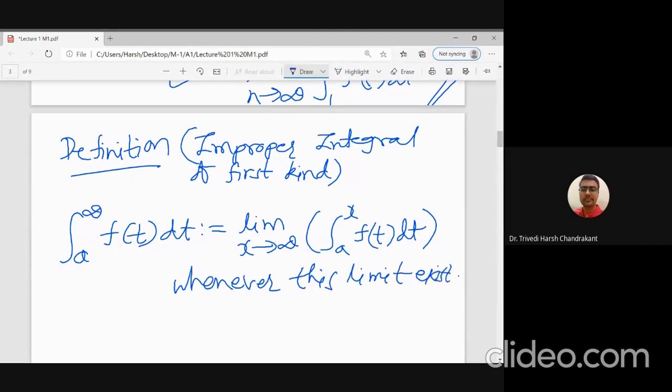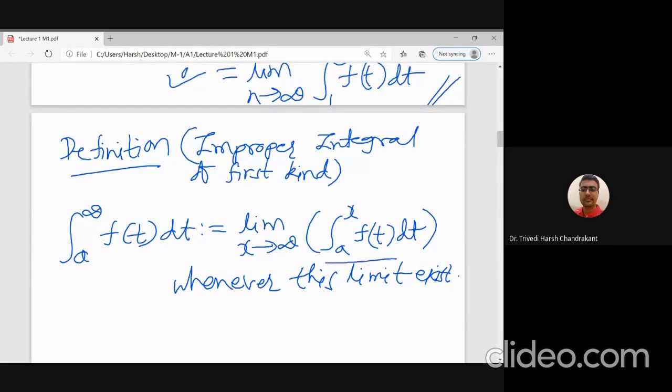So to find such an integral, the first thing is that the function should be integrable over the interval a to x. That is the first condition. If the function is not integrable, we cannot find the integral over a to x. And the second condition is that this limit should exist.